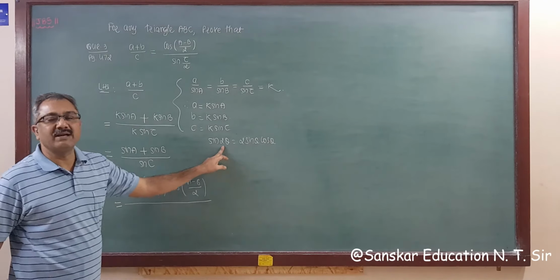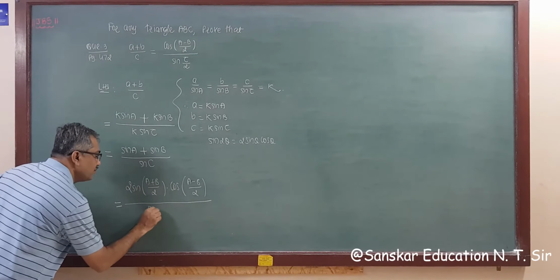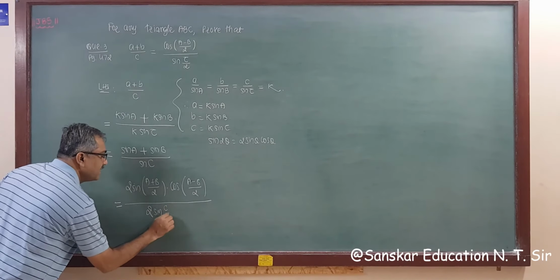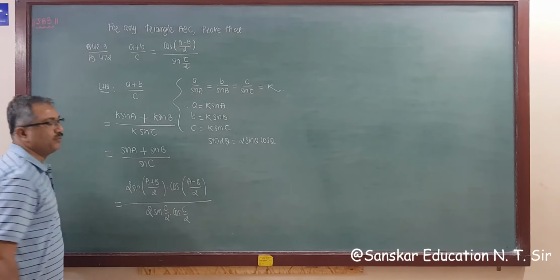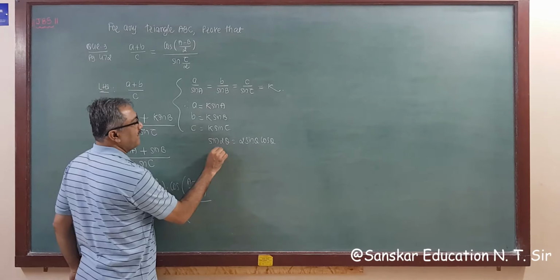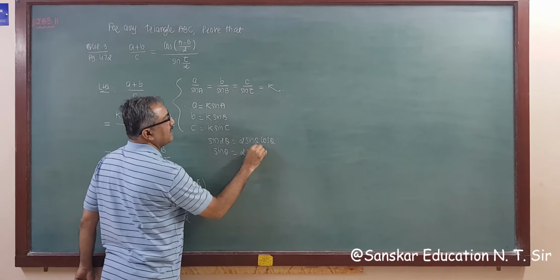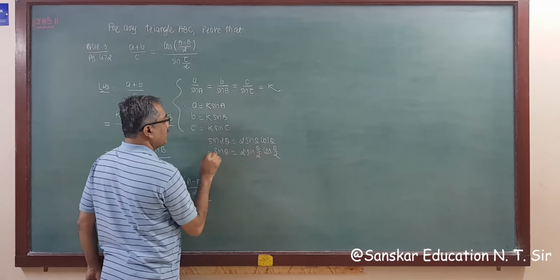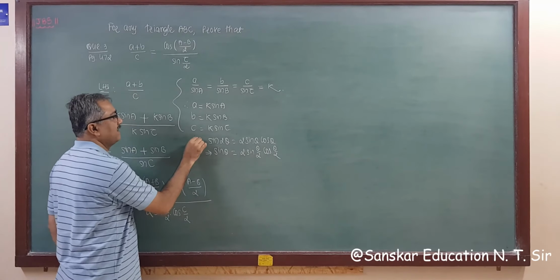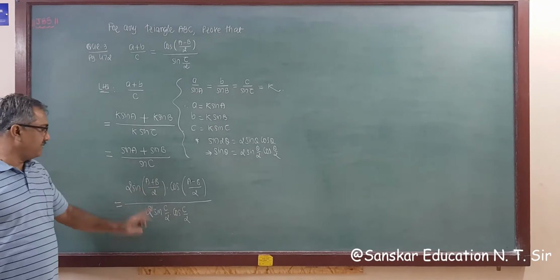So 2 theta becomes half, so this is C, and this becomes C by 2. So 2 times sin C by 2 into cos C by 2. Right? Got it? Because if we write theta here, then this becomes 2 sin theta by 2 into cos theta by 2. So sin C is 2 sin C by 2 cos C by 2.